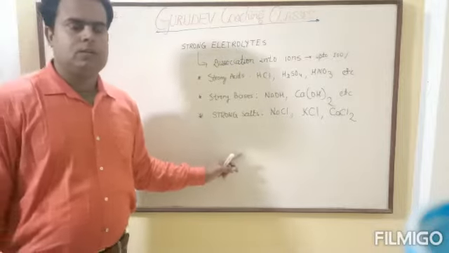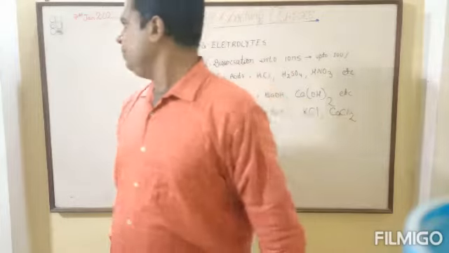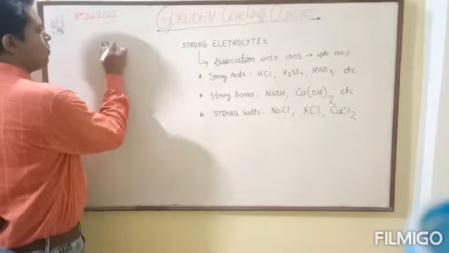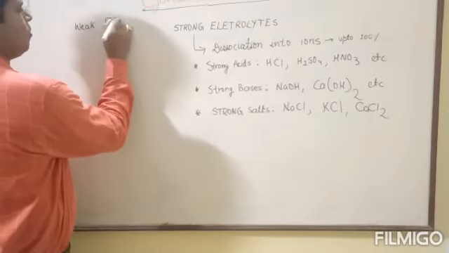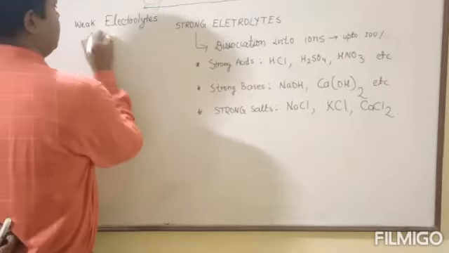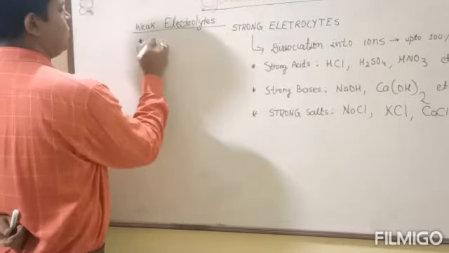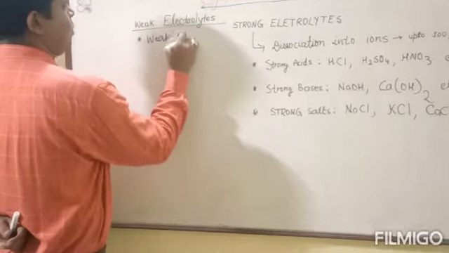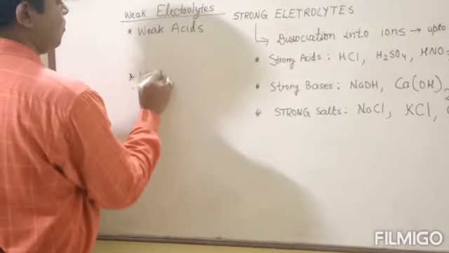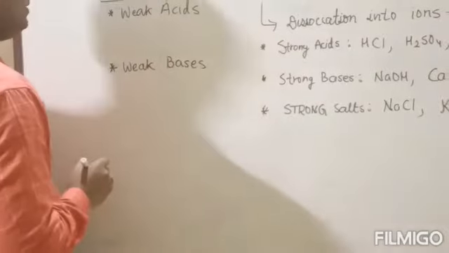Now children, we have to see what are the examples of weak electrolytes. Weak acids, weak bases.